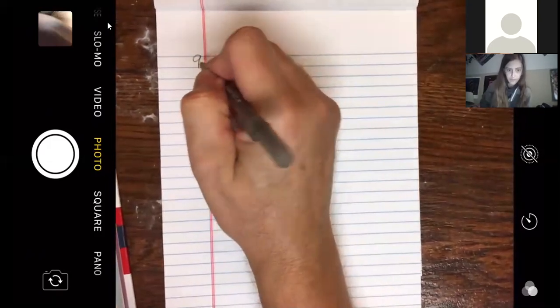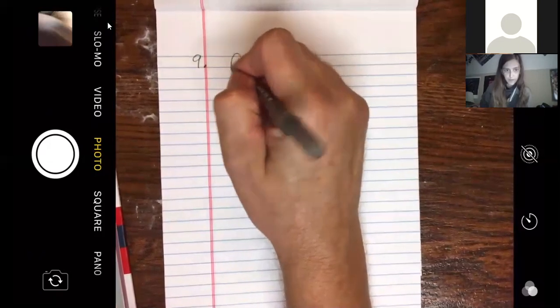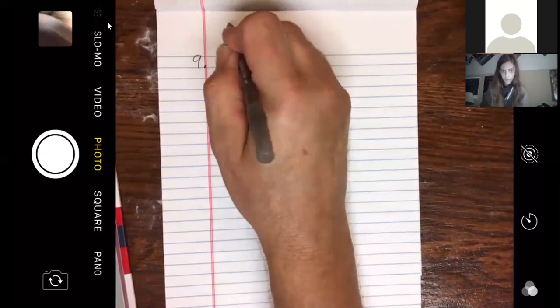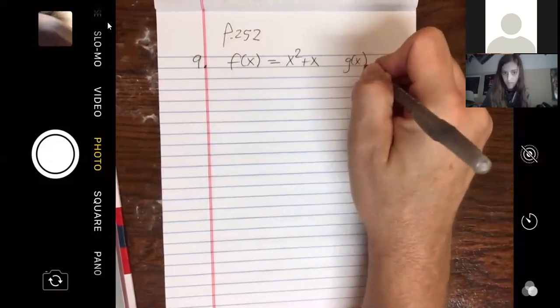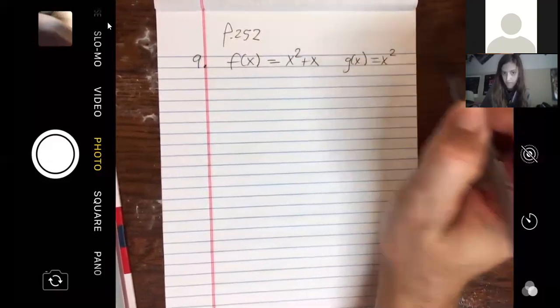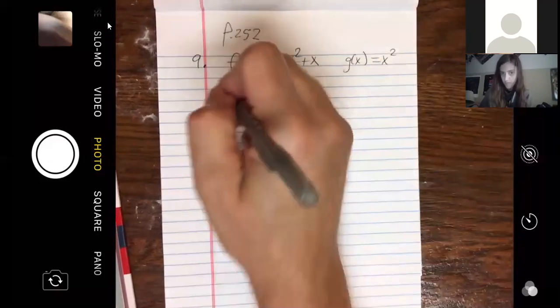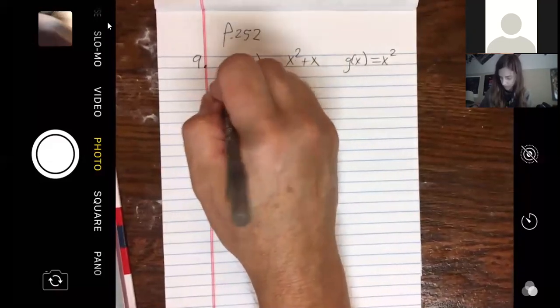Okay. Number 9, your f of x, this is still off page 252. Your f of x is x squared plus x, and your g of x is x squared. They don't separate these in parts, so I'll just write them down in the order they give them.